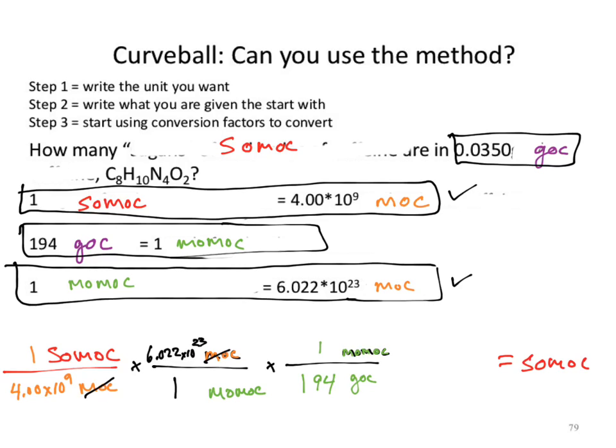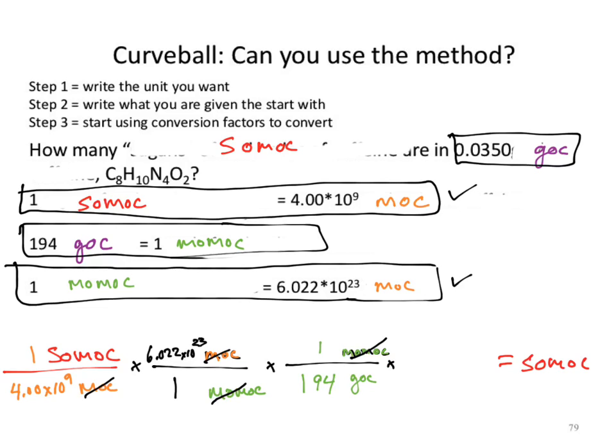So since 1 momoc equals that amount of mocs, and then 1 momoc also equals that amount of goxs, can't we just cut out the middleman and just say that 194 goxs is equal to 6.022? I'll address that in a second. Okay. Momocs would cancel, right? Okay.